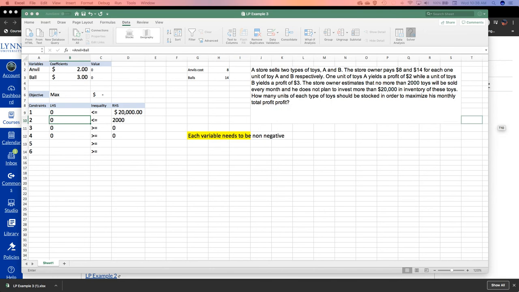So we're going to add another constraint, right? Left-hand side, less than or equal to the right-hand side. Add another one, okay? This is the left-hand side, less than or equal to the right-hand side. And this one, greater than or equal to 0.